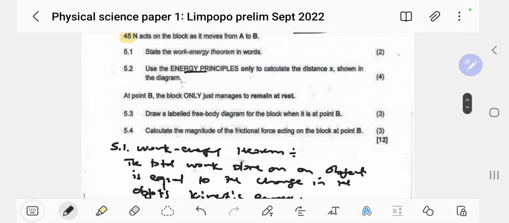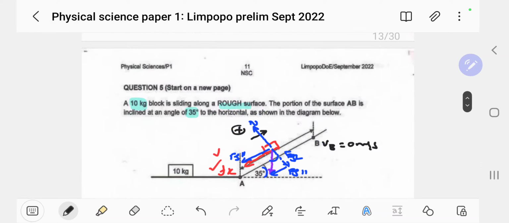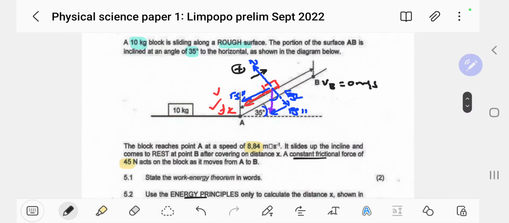Easy stuff here. Now we are told here, at point B, the block only just manages to remain at rest, meaning it stops and it doesn't slide back down. Meaning now the friction of the surface is exactly balanced with the Fg parallel, because if they were not perfectly balanced, this Fg parallel would pull it down against friction if friction was smaller.